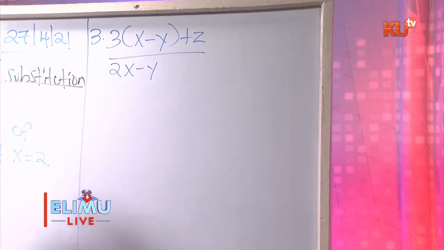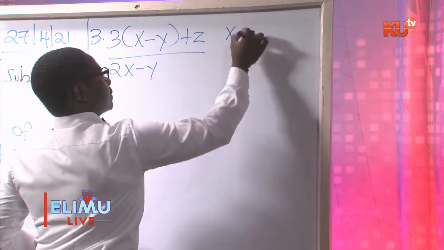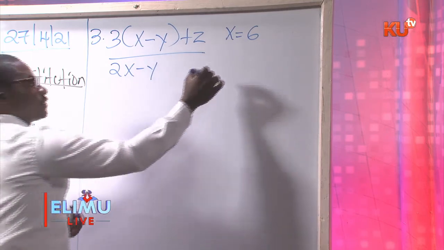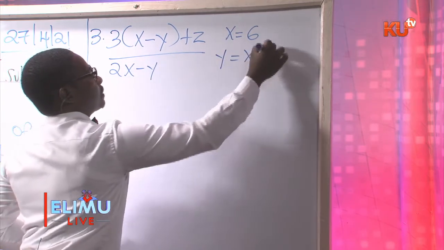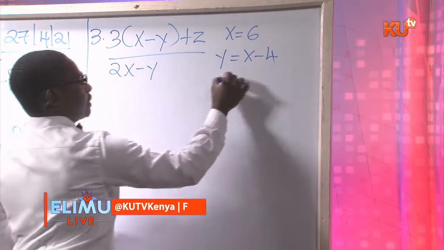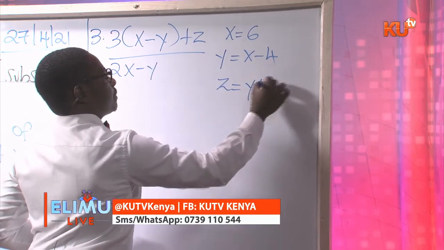Given the following values, given that x is equals to 6, then y is equals to x minus 4, then the last one, z is equals to y plus 3.